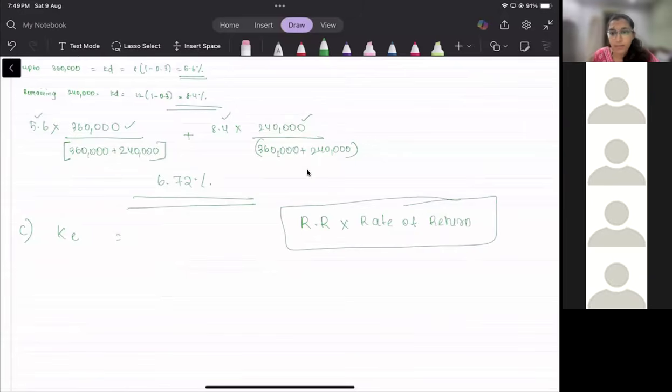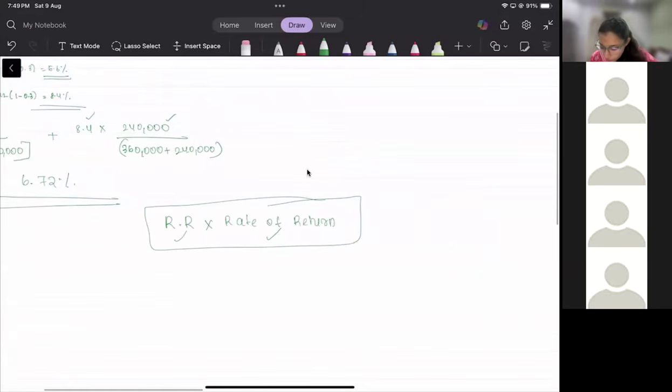So that should not happen. Why should they give us this? How do we find out growth? Growth is equal to retention ratio into rate of return, correct? So to find the growth only, they have actually given retention ratio and rate of return in the question.